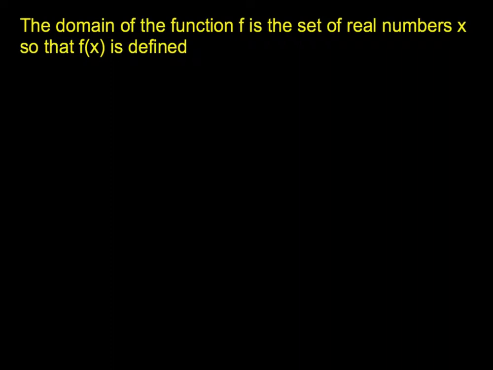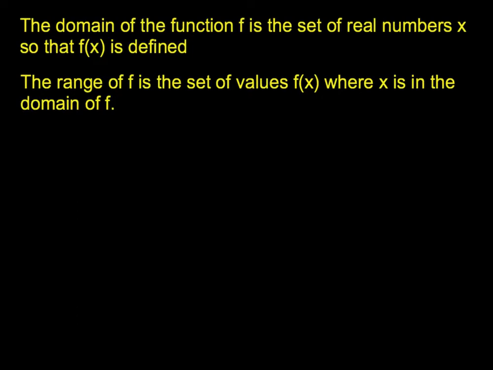Now, once we know what the domain is, what can go into our function, the next question is, what is the range? What is the output? And so formally, the range of f is the set of values f of x, where x is in the domain of f.